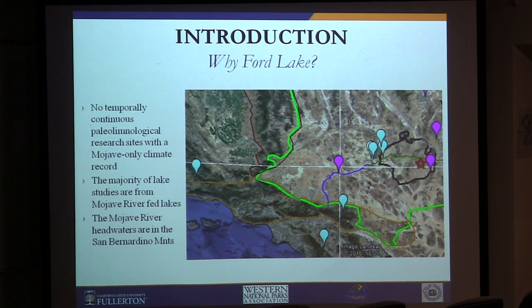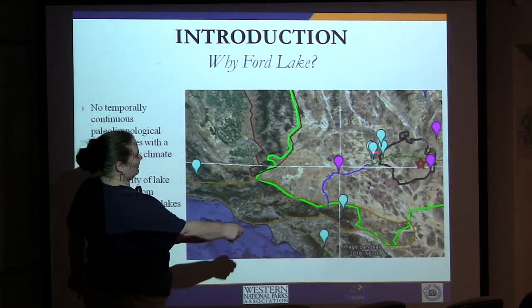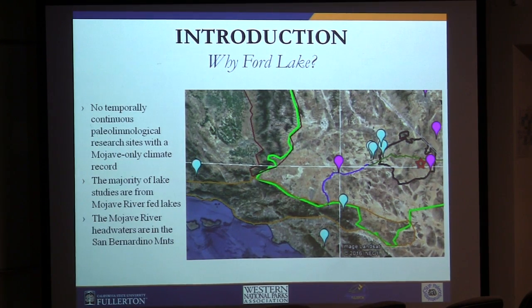Today, there are no temporally continuous paleolimnological research sites with a Mojave-only climate signal. The majority of the lakes studied, and that would be in this area, are Mojave River-fed lakes. So we're basically getting a coastal signal, because the precipitation drops here and shoots down to these lakes, with the headwaters up in the San Bernardinos there.